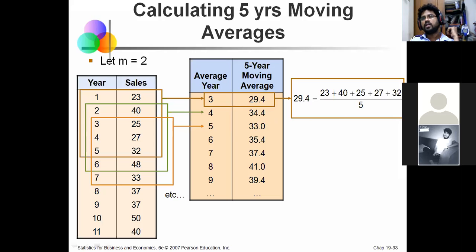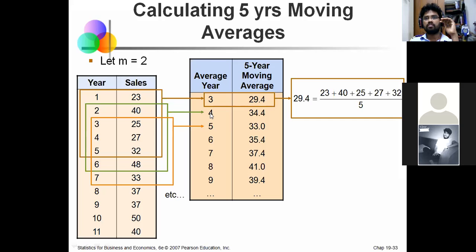Okay. So here we have to put these values opposite to the mid value. For example, for the first 5 years, we should put this 29.4 opposite to year 3, because 3 is the middle value, right? When you calculate 40, 25, 27, 32, 48, then we put the 34.4 opposite to year 4.